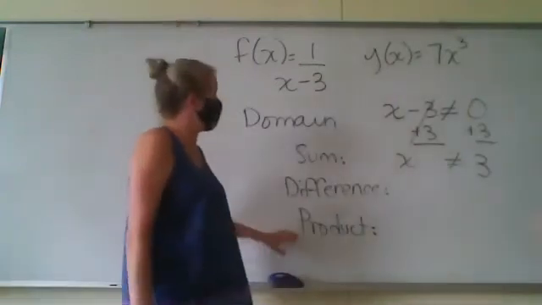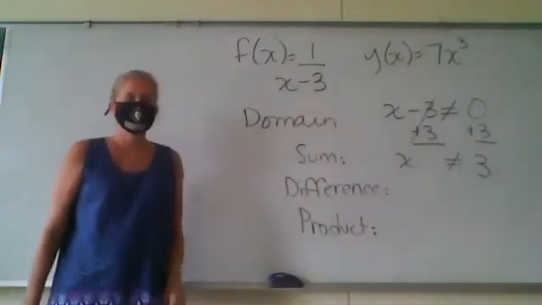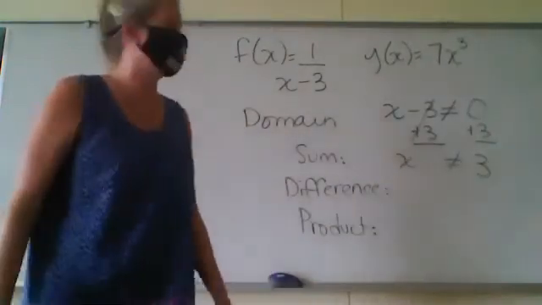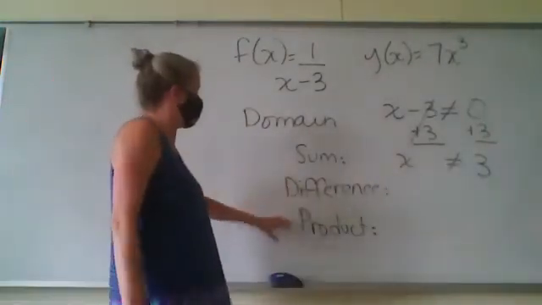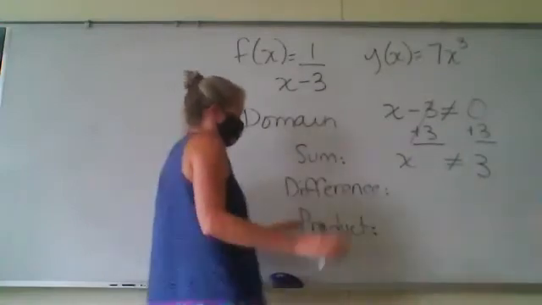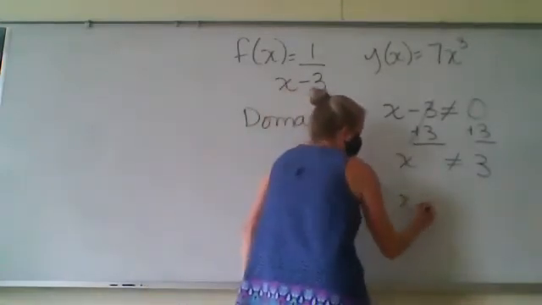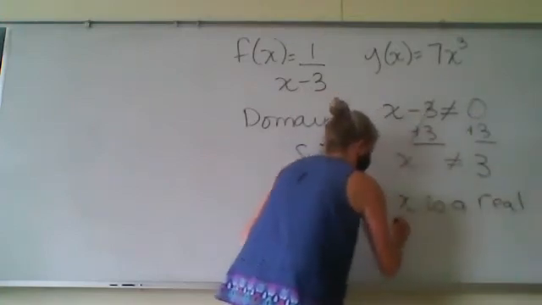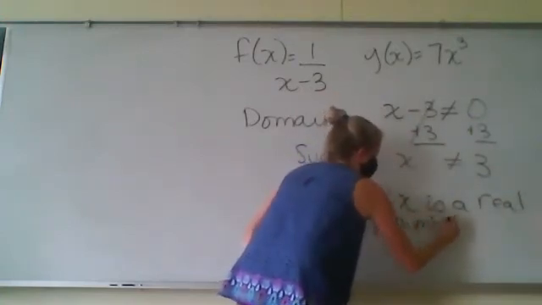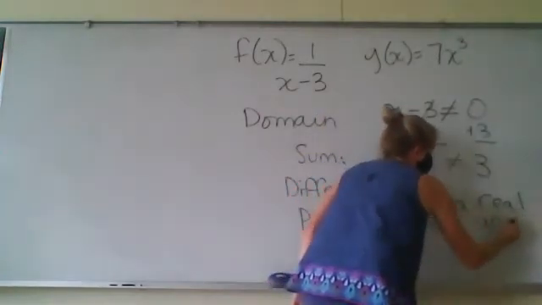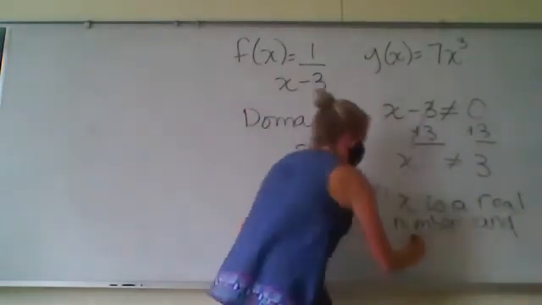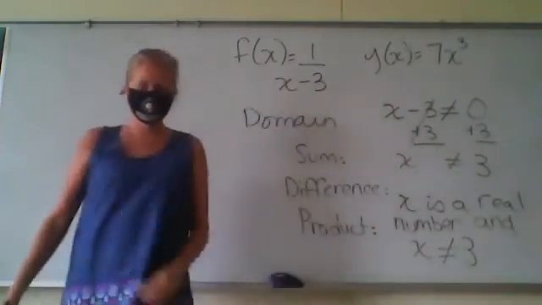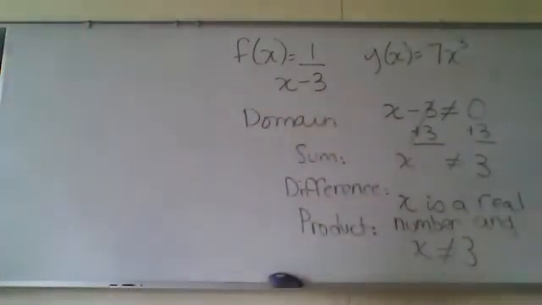If I multiplied these two functions together, again, I would still have an x minus 3 in my answer, which means every single one of these has the same answer. And the way that it states it there is x is a real number, and then you write in your restriction, x cannot equal 3 for all three of those.